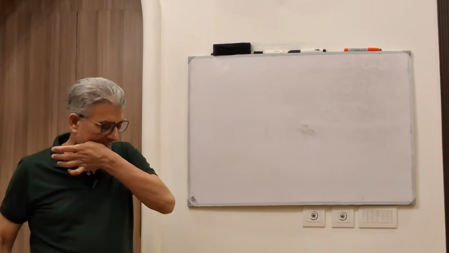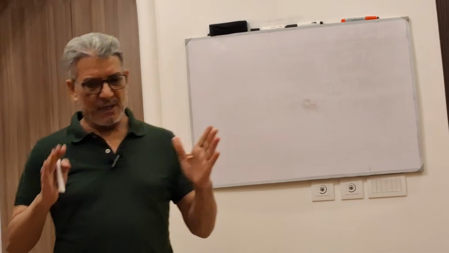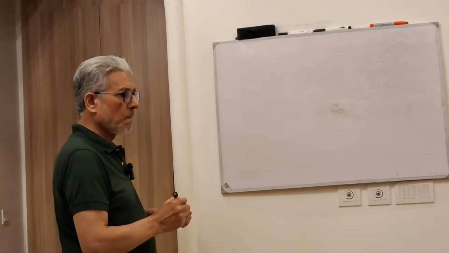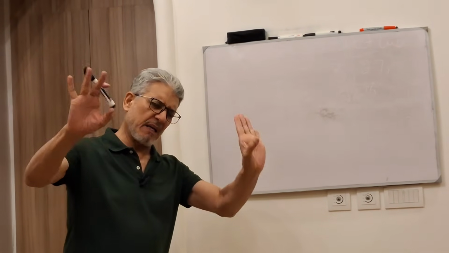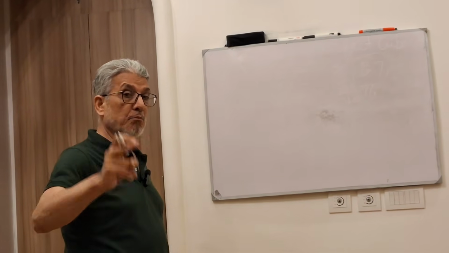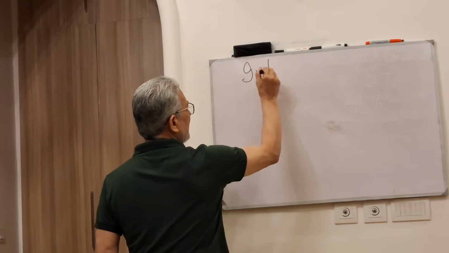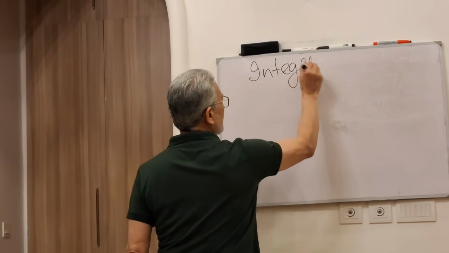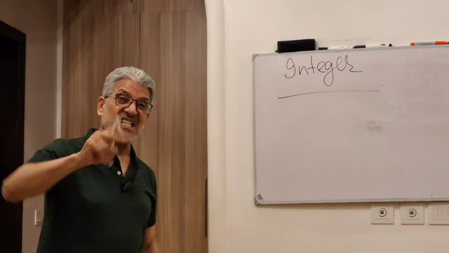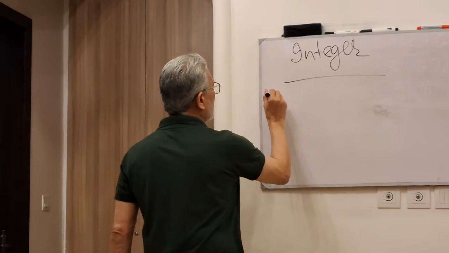Let me once again explain what a rational number is. A rational number is a simple fraction where the numerator must be an integer, and the denominator must also be an integer, but a non-zero integer.